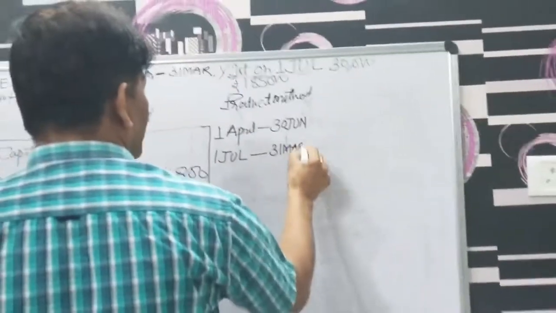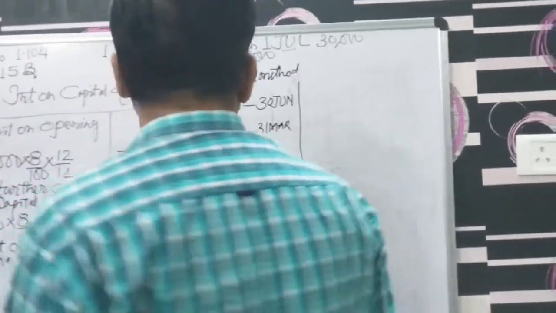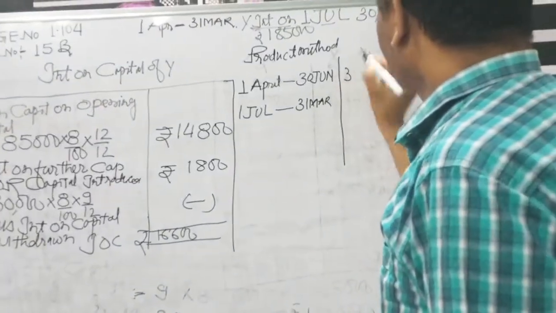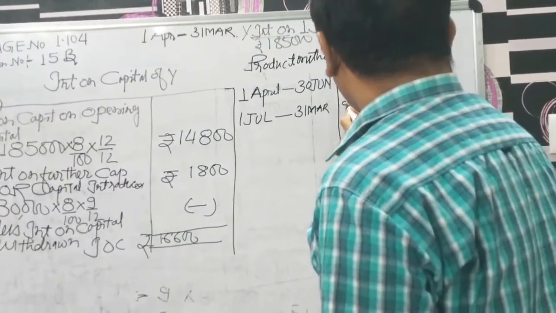That is, April, May, June, 3 months, and July to March, 9 months.